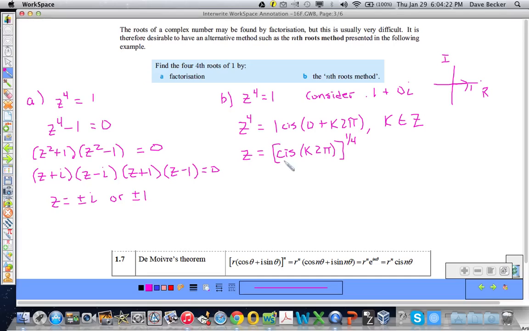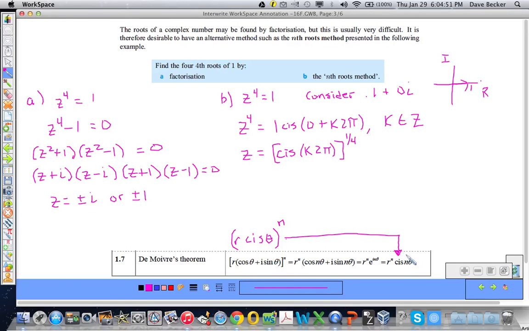And then by de Moivre, sometimes this is a little confusing. This right here is actually the same as r cis theta to the n. So sometimes I just write that out when I'm using de Moivre. It's just a little clearer to me to go from here to here than from this form to here.